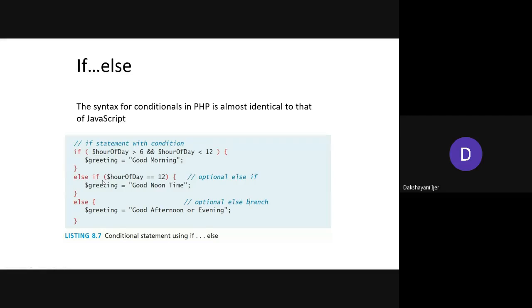Now for the syntax, you don't have much difference as compared with the C programming language. In this case also you use the if keyword, and within parentheses you specify the condition, and the body needs to be enclosed within curly braces.